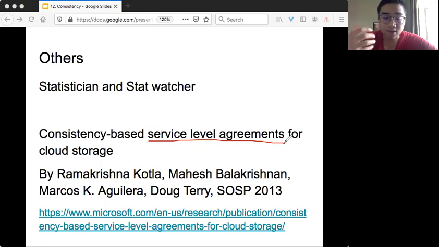And then basically it allows the client the freedom to play with the consistency and latency or performance trade-off. And yeah, so that's a very nice paper. And then you can see how, in a real-world system, they trade off this consistency and other things.